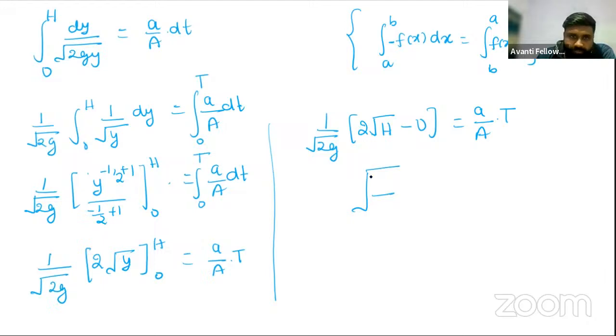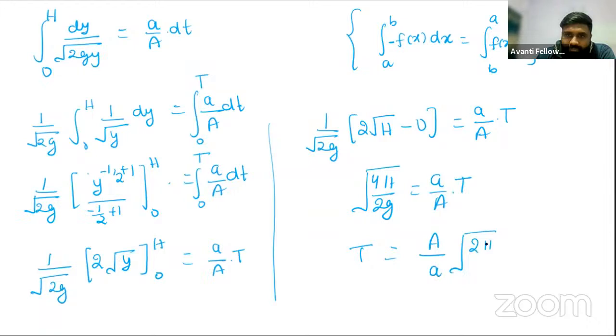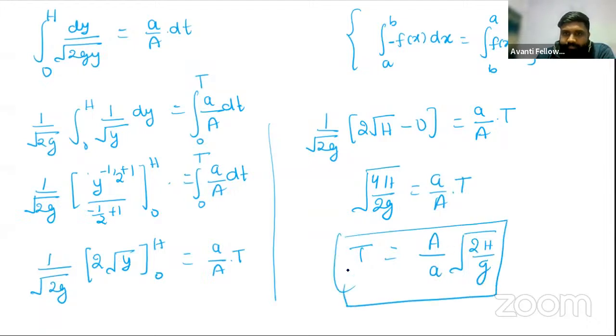So it will become 4h upon 2g equals small a by capital A into T. Time you will have as capital A upon small a into root of 2h upon g. So this is the time taken by the liquid to empty the tank.